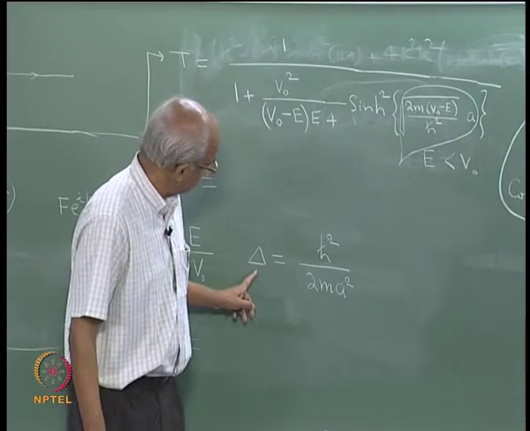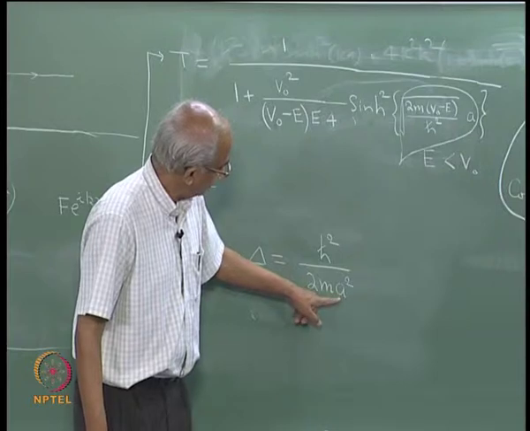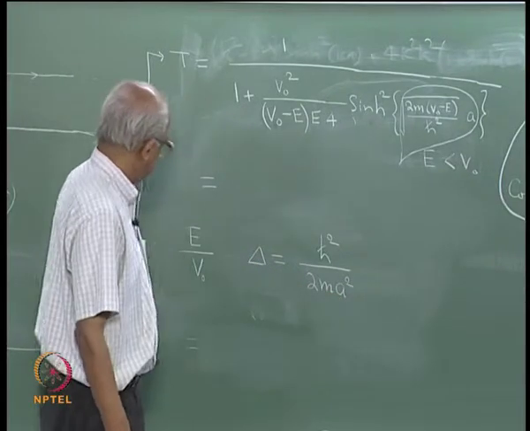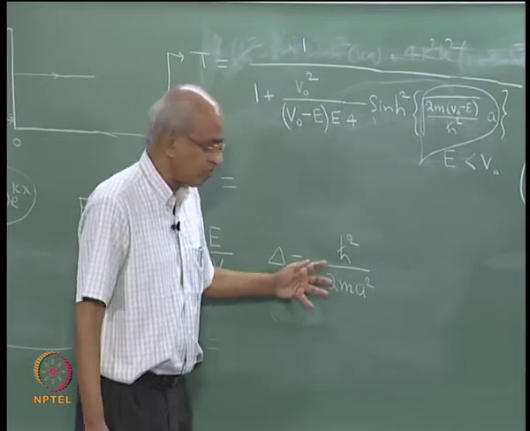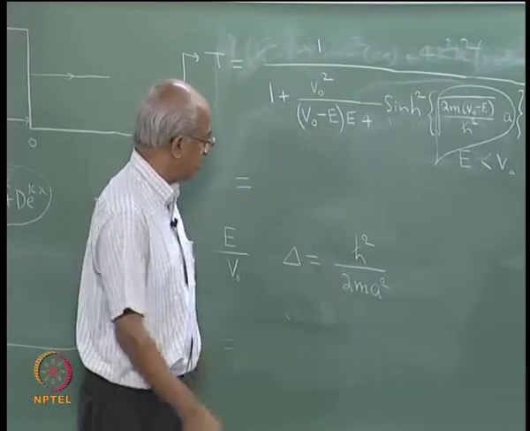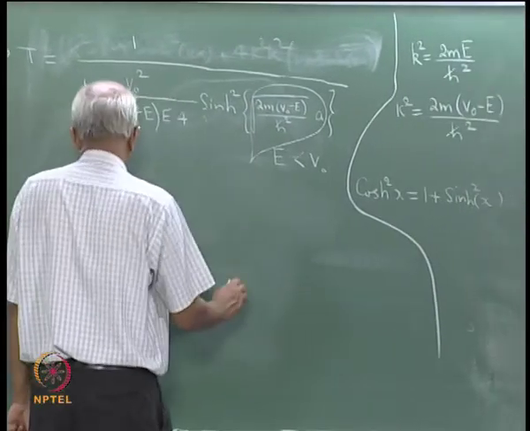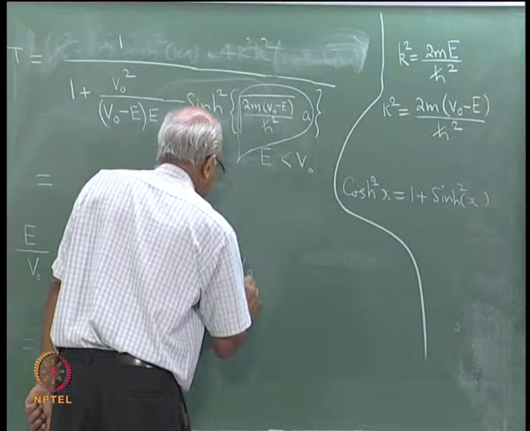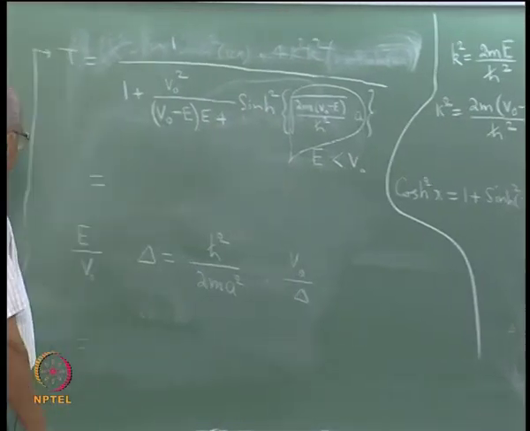If you look at this, you see delta depends upon the mass of the particle and the width of the barrier. And if you calculated the dimensions of this quantity, you will find that the dimensions are that of energy, and therefore I can have another dimensionless quantity which is V0 divided by delta.